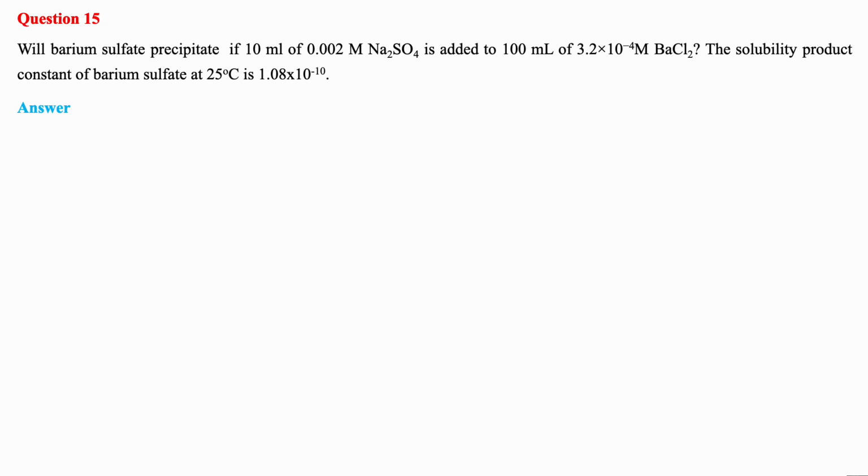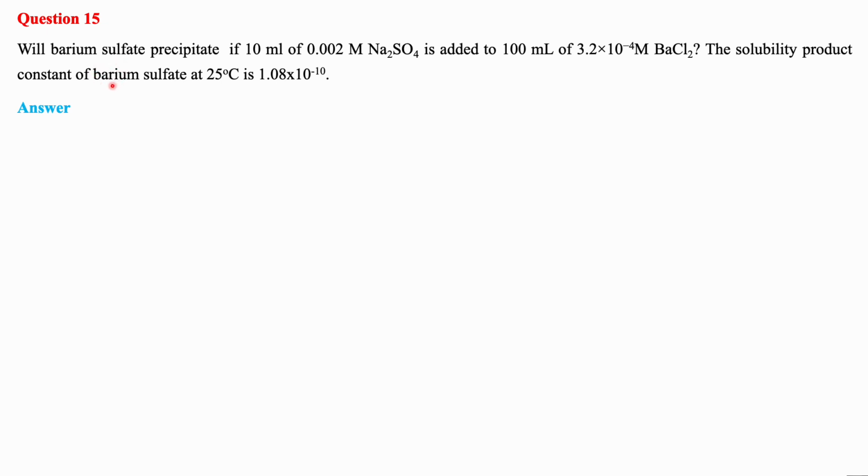The solubility product constant of barium sulfate was given. Now they are asking if a precipitate is going to be formed. So here again we have barium sulfate, and its solubility product was given. Now we need to check whether a precipitate is going to be formed.